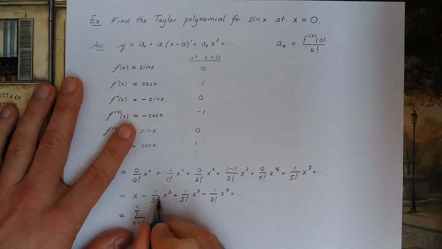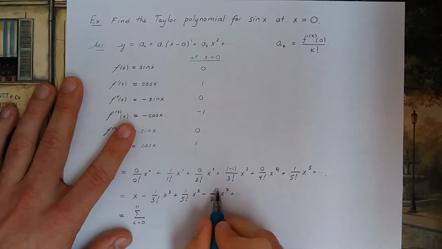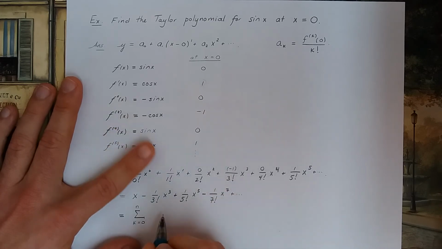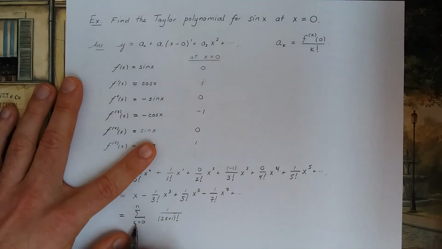Now, I'm going to take the kth term to be an odd number. An odd number is something of the form 2k plus 1. If I plug in a value for k, 2k plus 1 will always be odd.